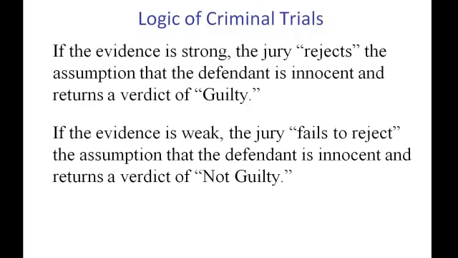If the evidence is weak, the jury fails to reject the assumption that the defendant is innocent and returns a verdict of not guilty. Now notice, if the evidence is weak, we don't conclude that the defendant is innocent. We say he's not guilty. The trial isn't set up to prove that he's innocent. We begin with the assumption that he's innocent, and then look at evidence that would cause us to reject that assumption.